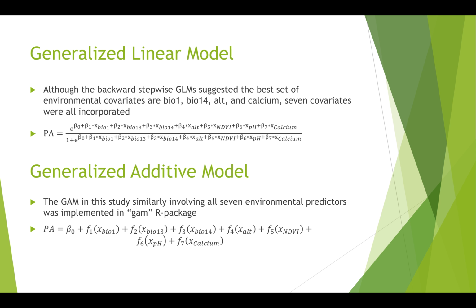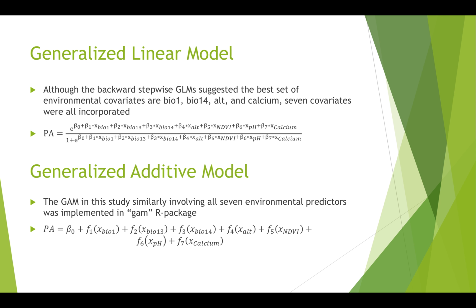So let's look at the methods. First of all, I'm using the generalized linear model, and initially I used the backward stepwise GLM, because I want to see what's the best set of environmental covariates to predict anthrax.